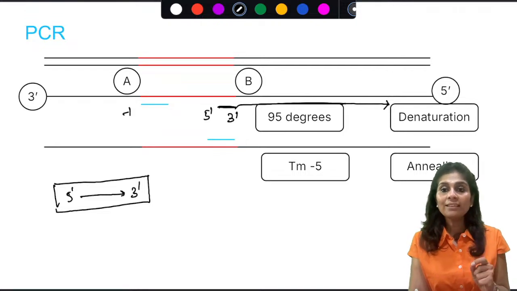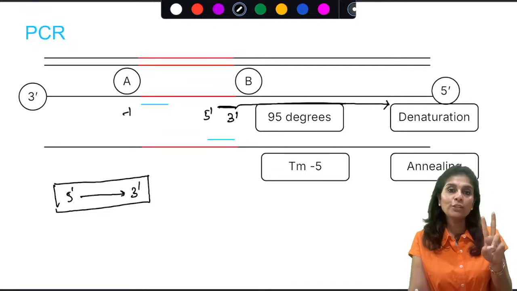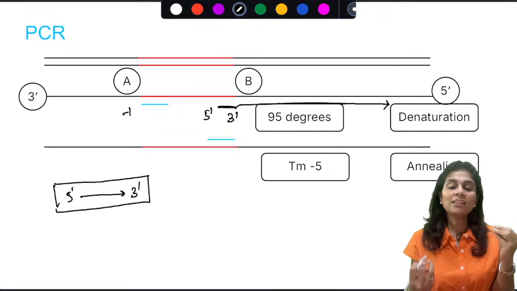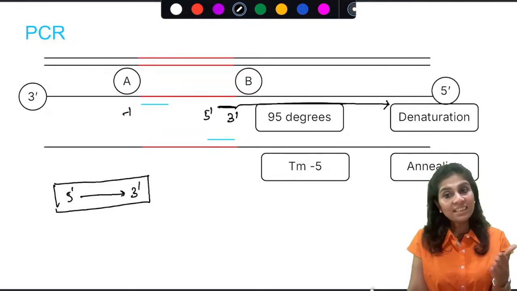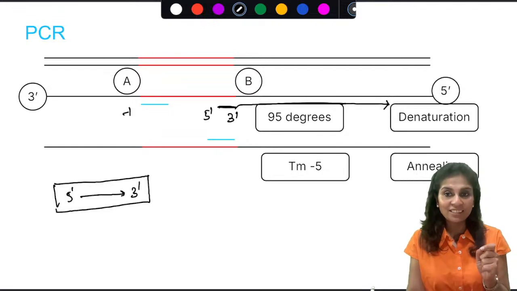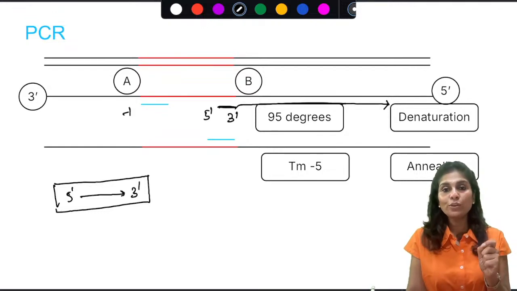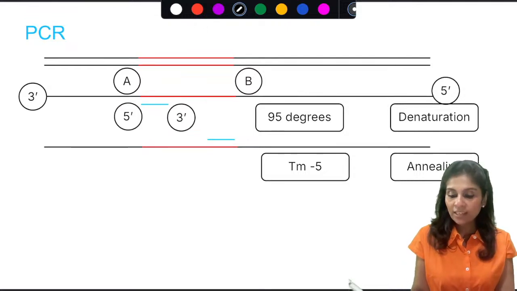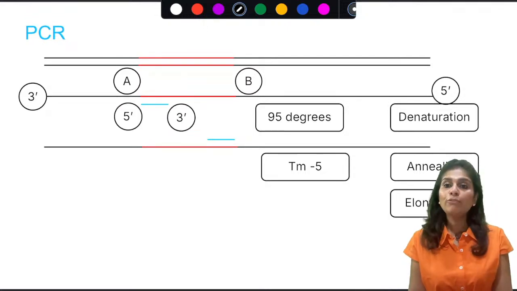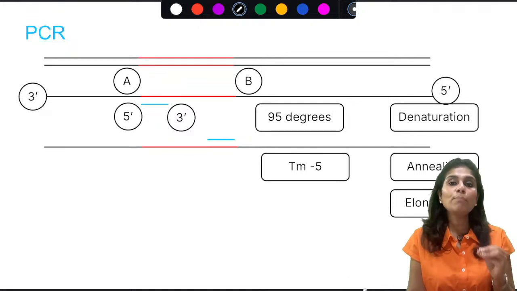To avoid that, you should choose two primers. Both the primers should be complementary only to the 3' flanking sequences of the desired fragment. That is about the annealing step. In the next step, elongation. Your DNA polymerase is going to elongate new strands. So the next step is called elongation. And for this elongation, you need a thermostable DNA polymerase.